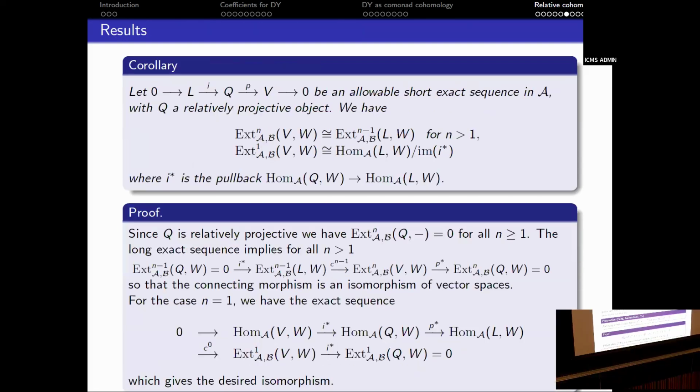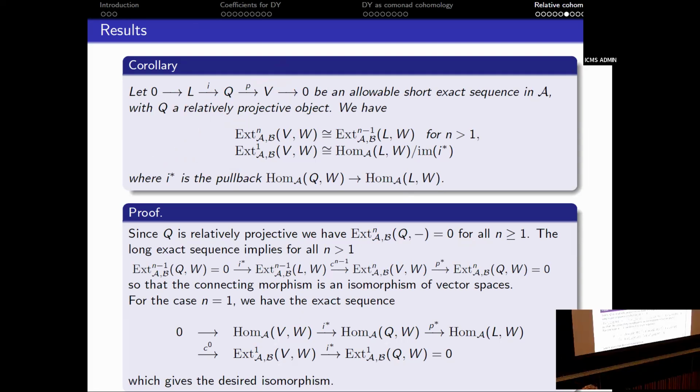Good. So now we can play a trick which is standard, but it's very useful. Assume that we are interested in a coefficient V, and we find a relatively projective object with a surjection onto it, and we have a certain control on its kernel. In principle, this is a representation theoretic question.